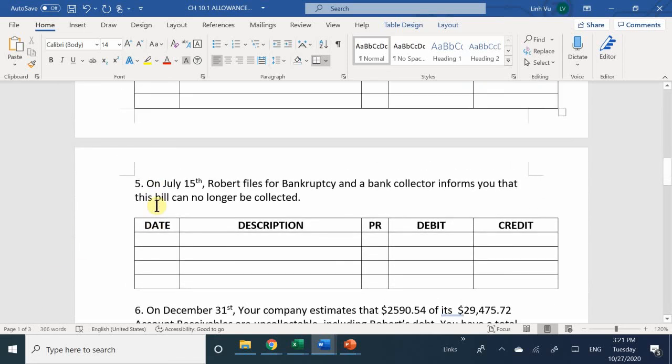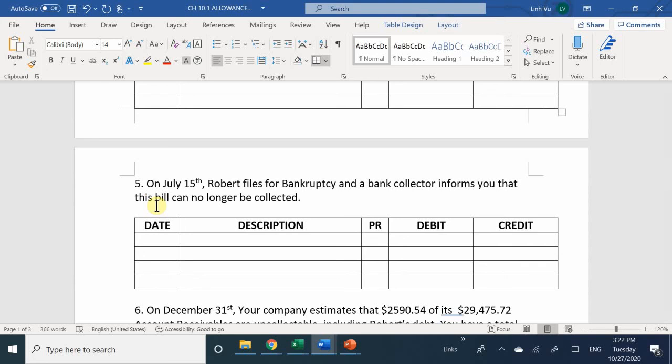Then on July 15th, Robert files for bankruptcy, and the bank collector informs you that he can no longer pay you and you can no longer collect. This is a definitive statement that he filed for bankruptcy.